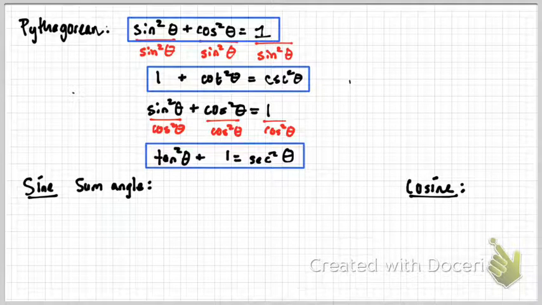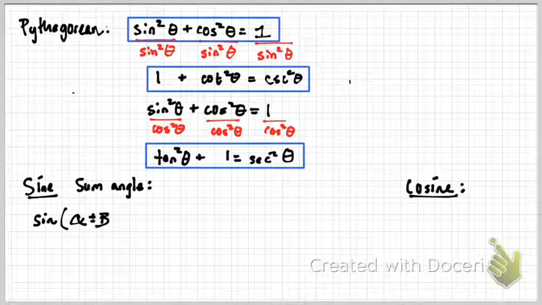All right, Christian, what is the sine sum angle formula? Okay, well, let's write this first. Sine alpha plus or minus beta is equal to what?